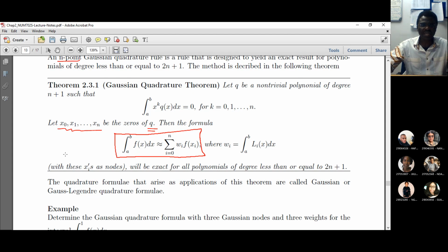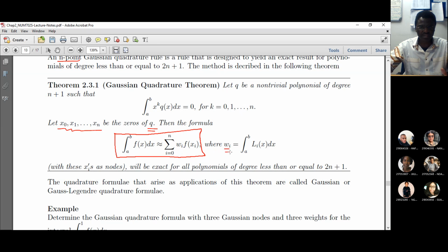Okay, so if you look at this, it gives us already the methodology, right? The steps, how to determine the roots of Q. In fact, how to find Q first. To find Q, we impose this condition. And once Q is obtained, we just compute the roots of Q. So once we have the roots, you can see how the weights are obtained.